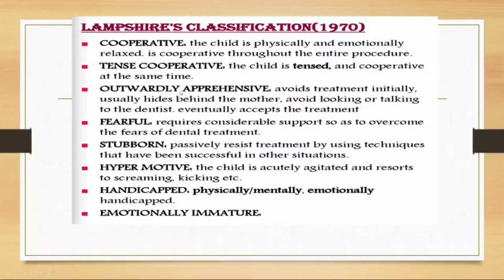Then outwardly apprehensive: these kids avoid treatment initially, usually hide behind the mother, avoid looking or talking to the dentist, but eventually they accept the treatment. Then we have fearful: they require considerable support to overcome the fears of dental treatment. Then the stubborn ones passively resist treatment by using techniques that have been successful in other situations.